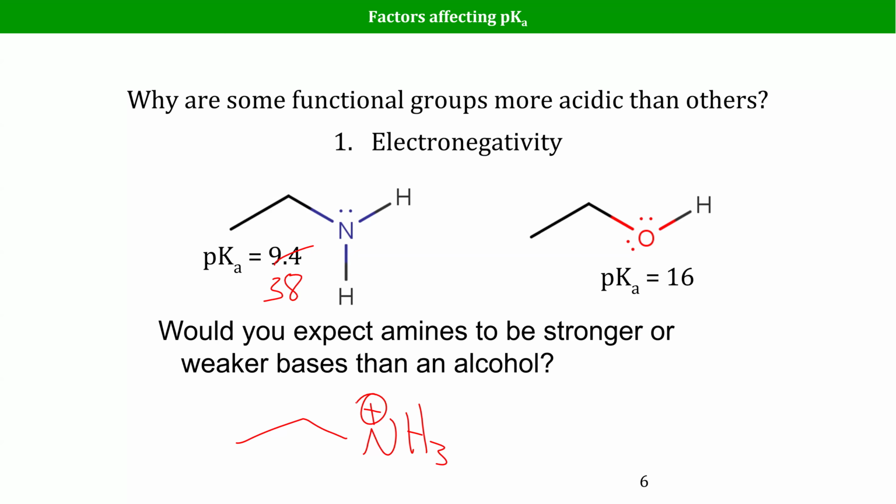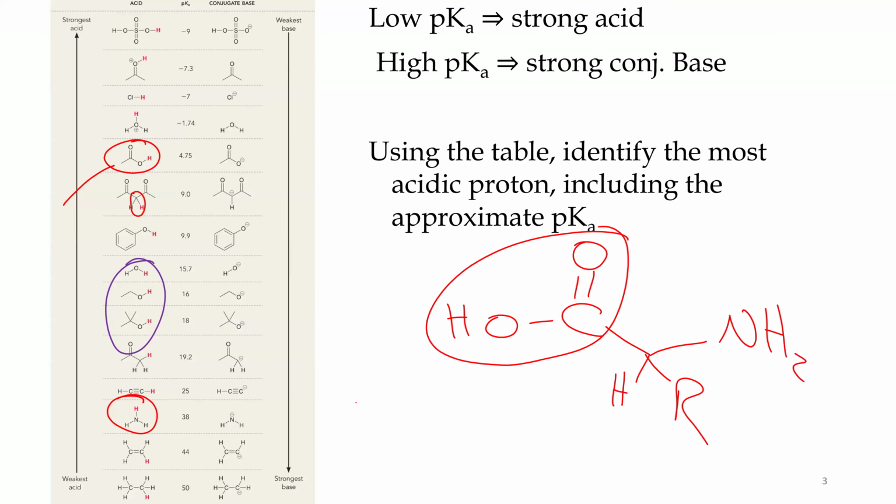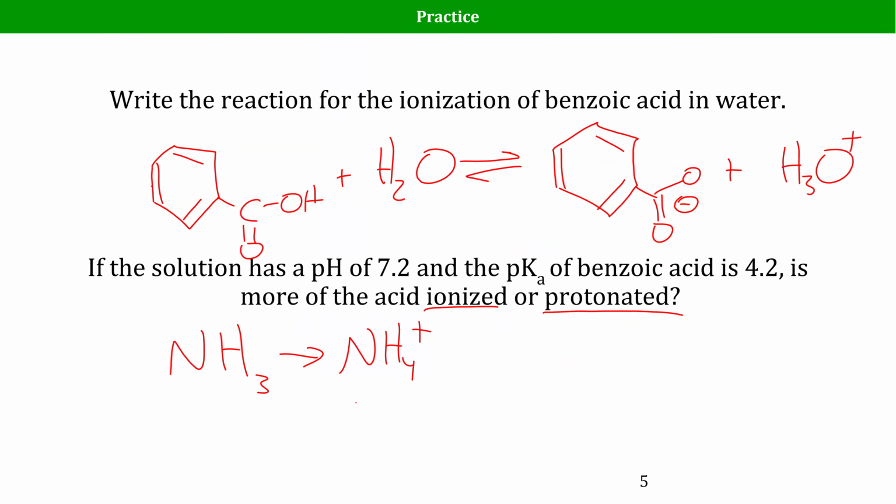To a point. It's never that simple, right? Because if we go back to our chart, it doesn't have the rest of the halides on there. Fluorine is actually less acidic than chlorine, even though it's more electronegative.